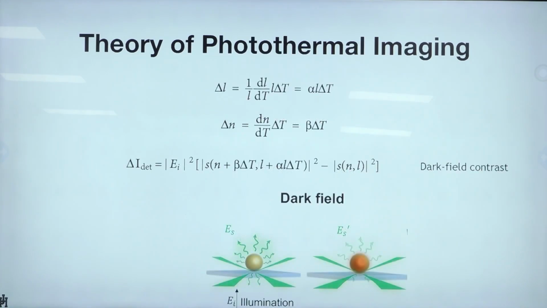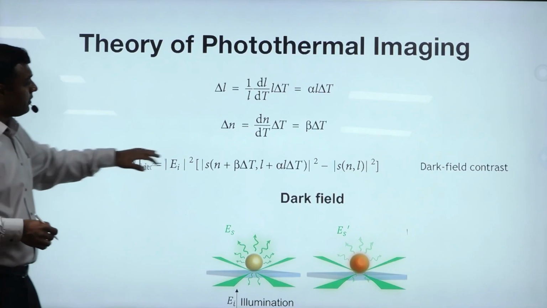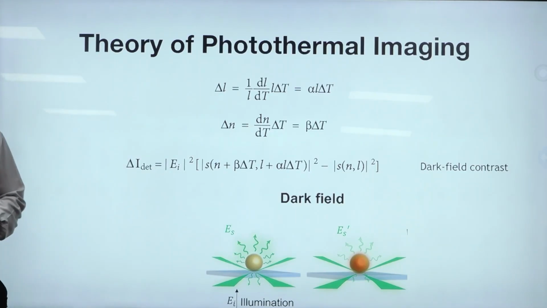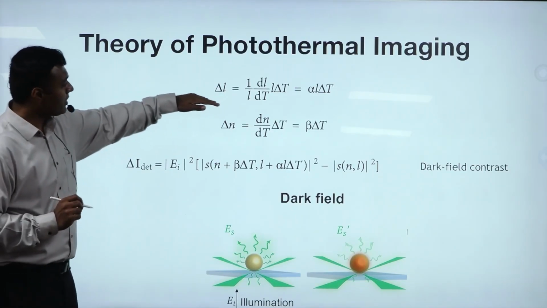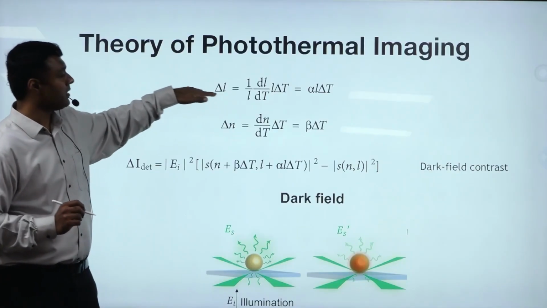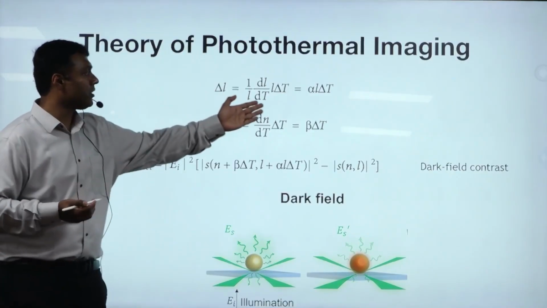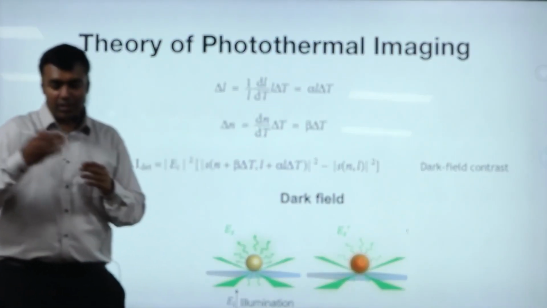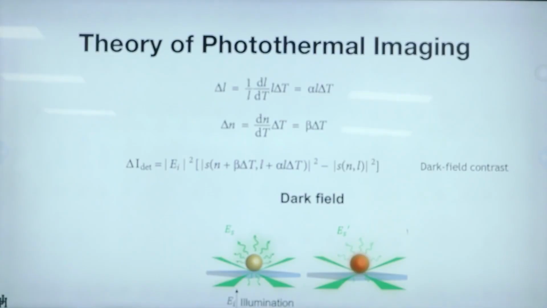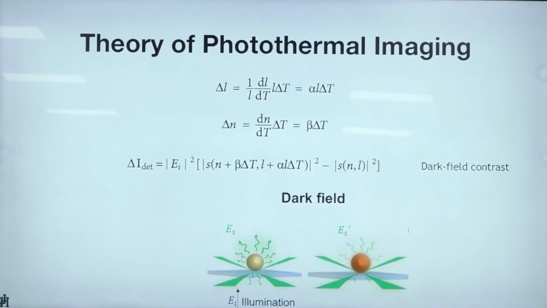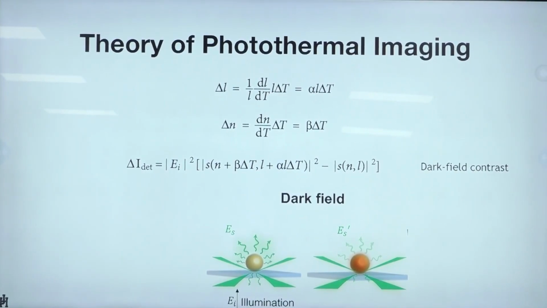There are different ways of making measurements using the photothermal effect. One is called the dark field method, which I shall get to in a minute. What happens is that there is some length change. Whenever there is an expansion, the change in length is proportional to alpha, the linear thermal coefficient of expansion, the original length, and also the change in temperature.